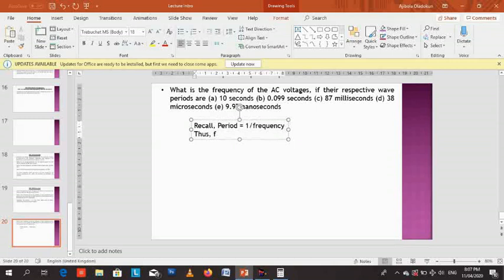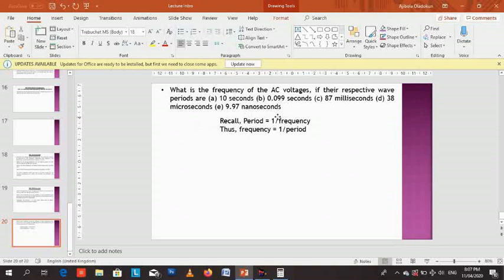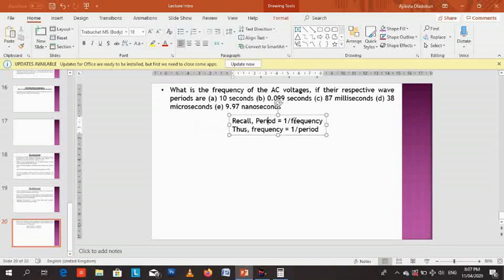Thus, if you separate the formula, frequency is 1 over period. So now that we have the period, we can determine the frequency. If you know how long it takes the signal to have one complete cycle, you can determine the frequency.